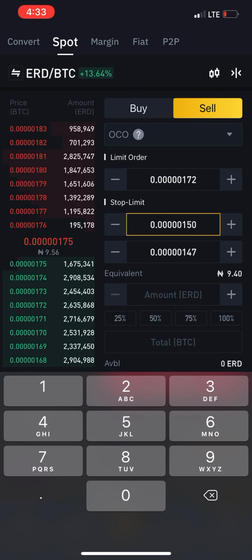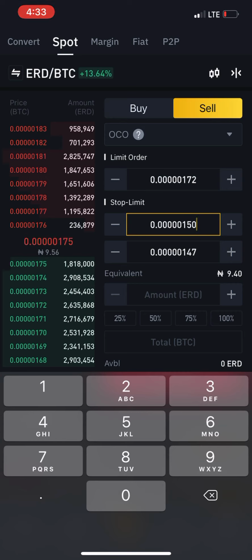If there is nobody at 150, there will be a buyer around 149, 148, down to 147. So before the market reaches 147, the market has already found someone who is going to buy around that place, and it will sell for you.